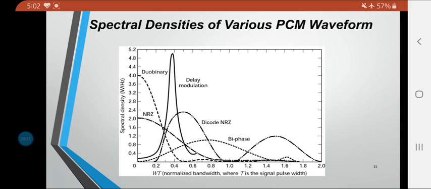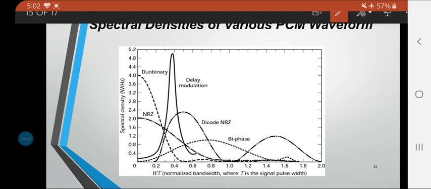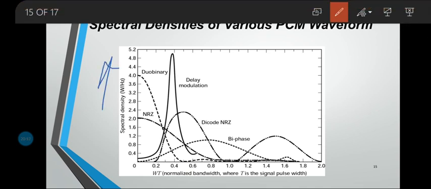The figure here shows the PSD, power spectral density in watts per hertz, versus normalized bandwidth. On the y axis we have the power spectral density. On the x axis we have the normalized bandwidth WT, where W is the bandwidth and T is the duration of the pulse.